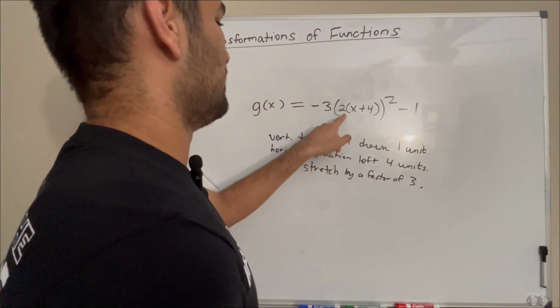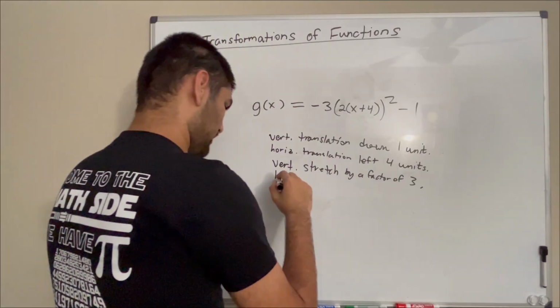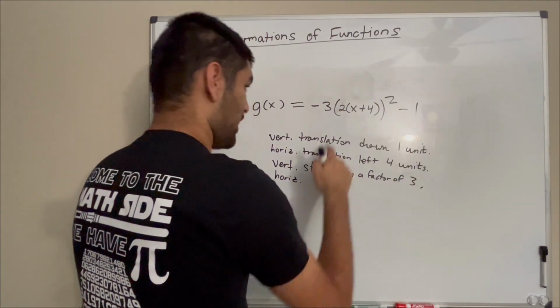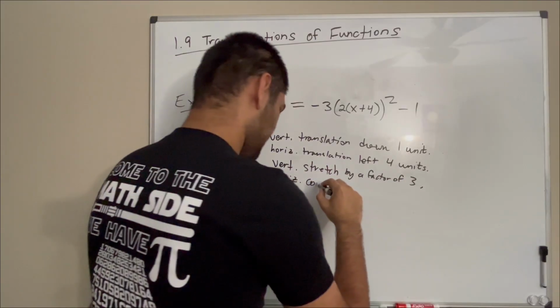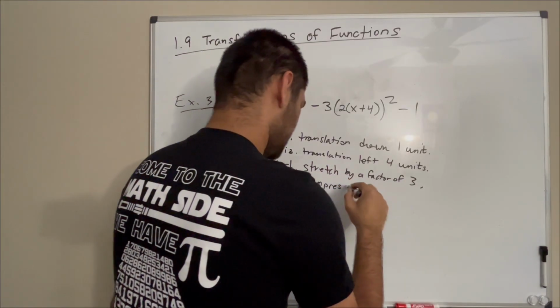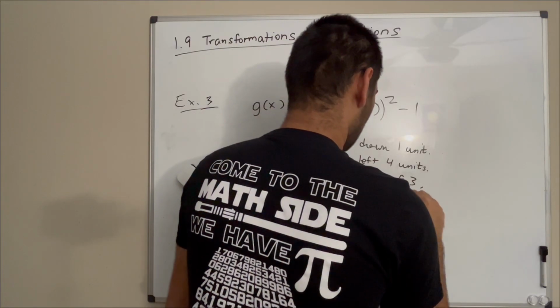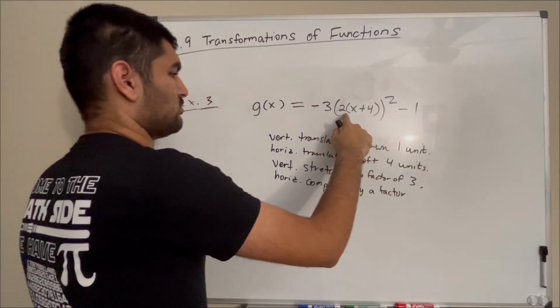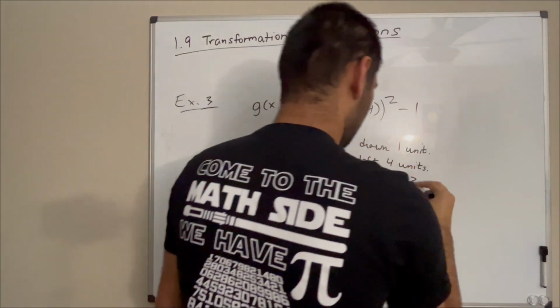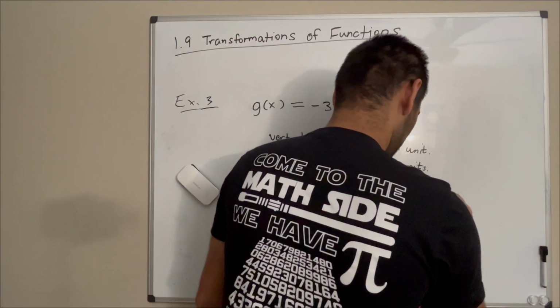Because we have the 2 being multiplied inside. It's greater than 1, meaning it's compressed, because for horizontal, it's always opposite. So it's compressed by a factor, and remember that it's a reciprocal. So if b is equal to 2, it's by a factor of 1 over 2.